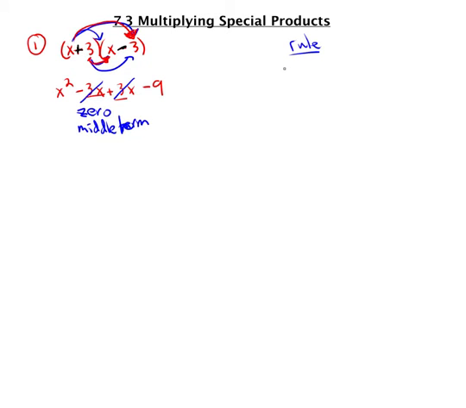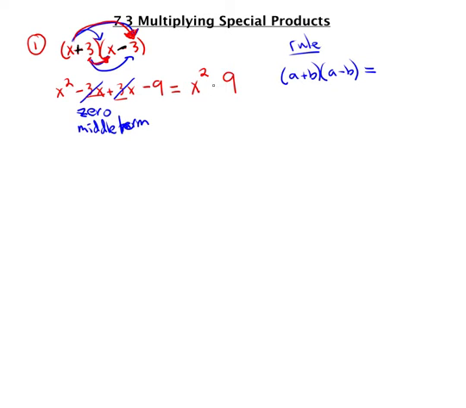So if we have a plus b times the quantity a minus b, we should go back and think about how to simplify this into a much nicer way to write it. That middle term zeroes out, so we're left with x squared, and we're left with that 9 in the back.